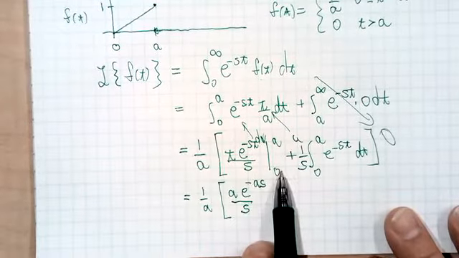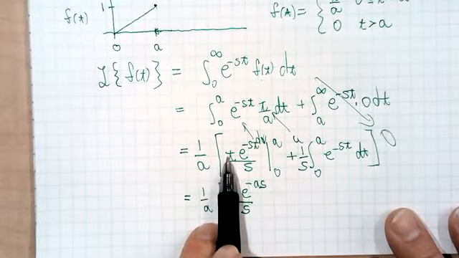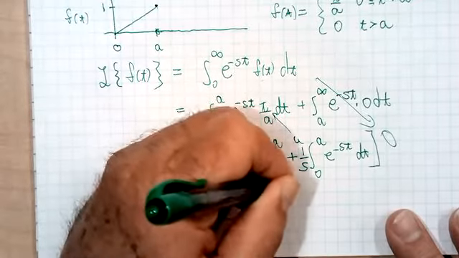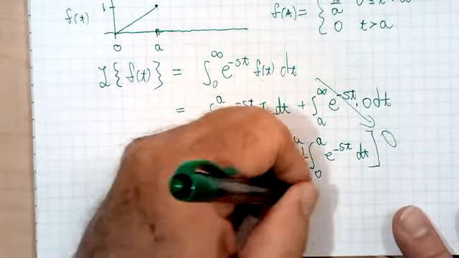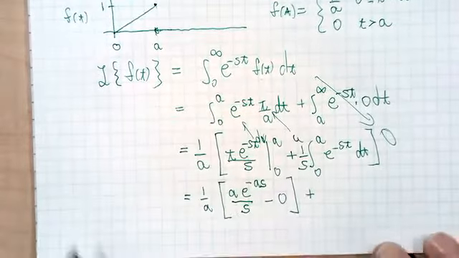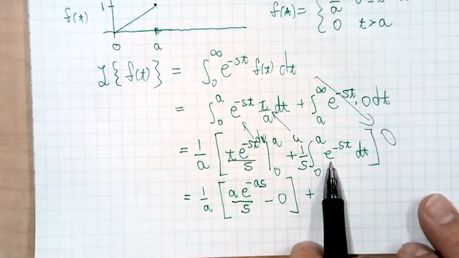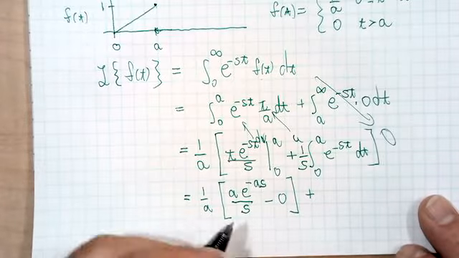And when you plug in the 0, you kill it off because the t is multiplying the rest of it. So minus 0. And this, well, the antiderivative of e to the minus st is minus e to the minus st over s.